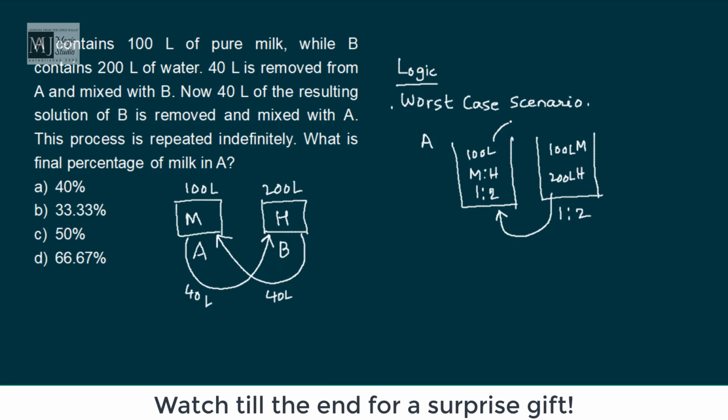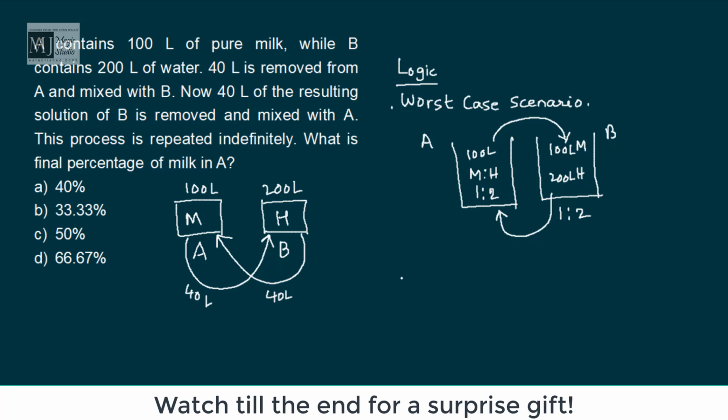Now again I transfer this 100 liters here, then again the ratio becomes 1:2 in B. And now if I transfer 100 liters from B to A, again I'll have 1:2 ratio of milk and water in can A, isn't it? And as many times I keep on repeating this, the ratio remains the same, 1:2 in A, then 1:2 in B, then again 1:2 in A, and it will keep on moving.